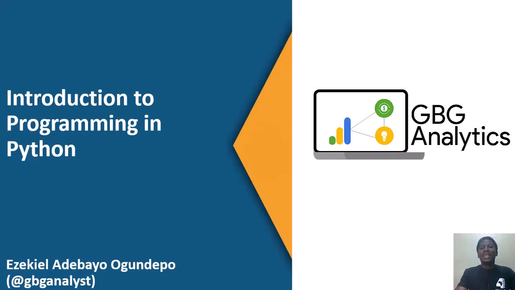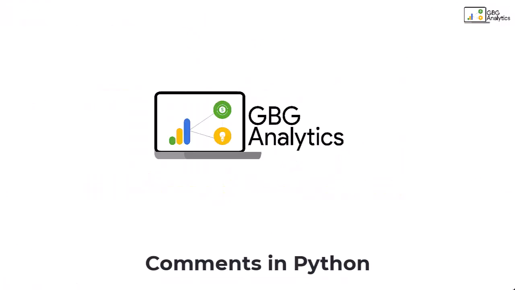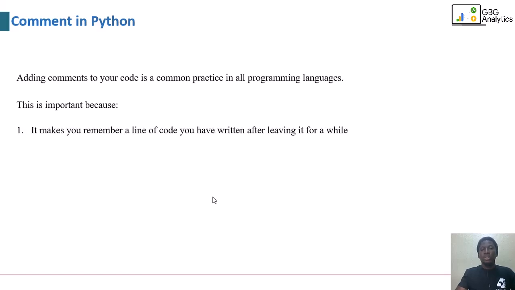Welcome back. In this session, you will learn how to comment your code in Python. Why do you need to comment your code in Python? Comment helps to make your code readable, and also it allows you to remember the line of code that you might have written before.